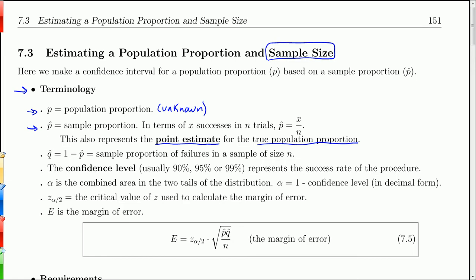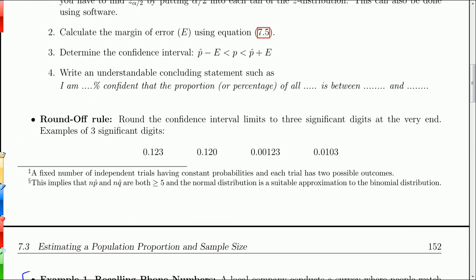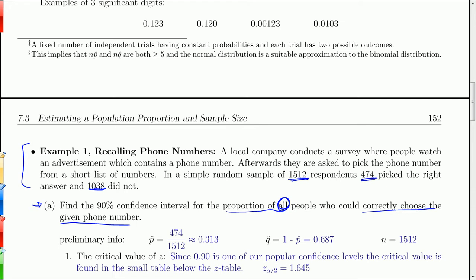And if you're not given p hat, you can generally calculate it from the problem. In terms of x successes in n trials, p hat is the number of successes over the number of trials. And in that example that's actually ahead of us here, 474 people picked the right phone number out of 1,512.